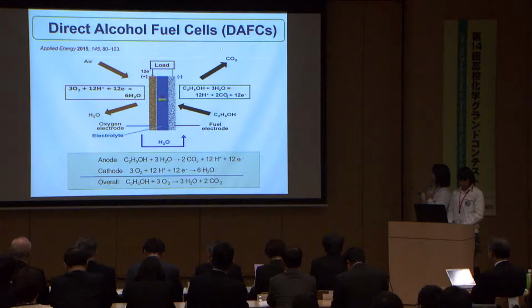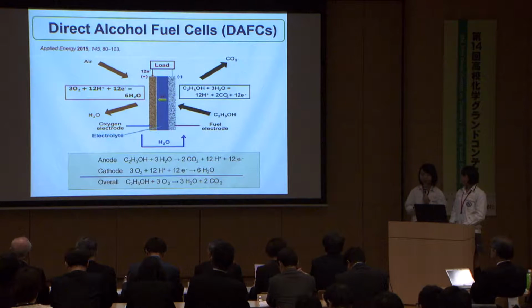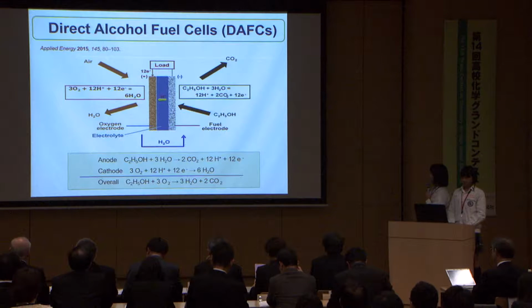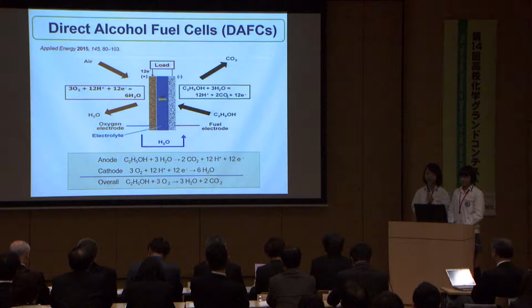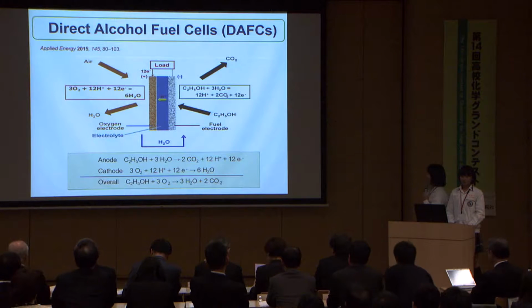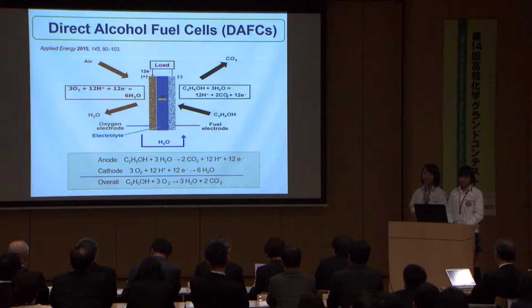Direct alcohol fuel cells have attracted great attention for their potential application in portable electronics. Direct alcohol fuel cells rely upon the oxidation of alcohol on the catalyst layer to form carbon dioxide. Water is consumed at the anode and is produced at the cathode.